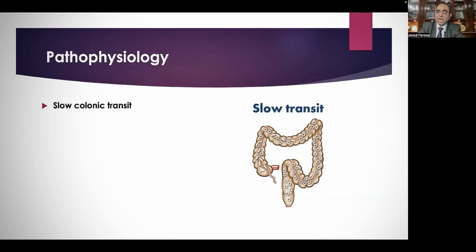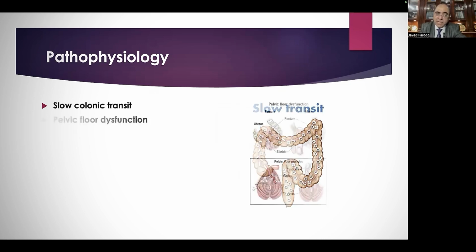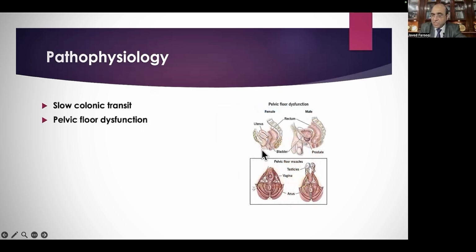What are the causes? What's the underlying pathophysiology of functional constipation? The first important one is slow colonic transit. The peristaltic waves are sluggish, slow, or at times absent. Then there is pelvic floor dysfunction.